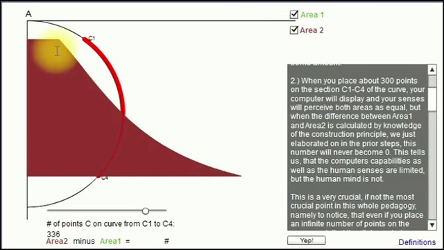Even with a nice HD screen, you wouldn't be able to distinguish between area 2 and area 1. As already said before, relying merely on our senses doesn't really help science a lot.